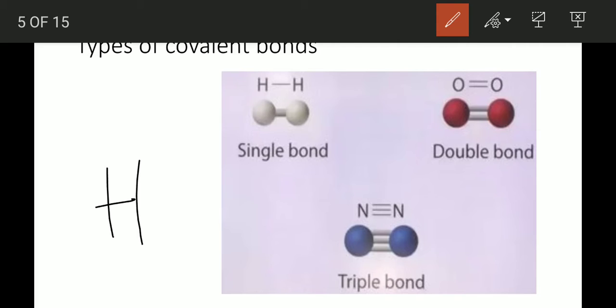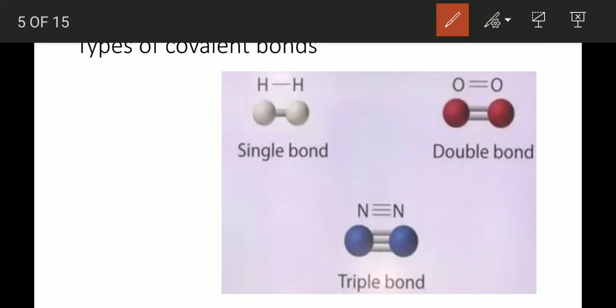That's why both shared their electrons. One hydrogen shared its one electron, another hydrogen shared its one electron. That's why a bond has formed between the hydrogens. This bond is called covalent bond. The bond which is formed by sharing of electrons is called covalent bond.